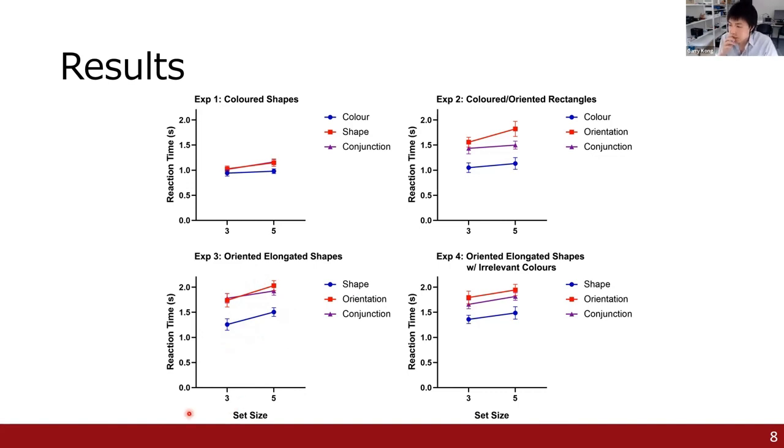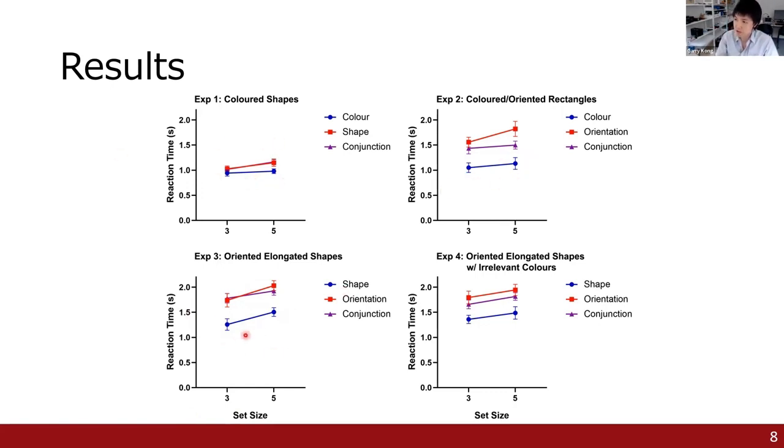So at this point, I had no idea what's going on. The only way to explain this is that when people attend to things in memory, they are basing their attention on a single feature. So in experiment 1, they were basing it on color. Experiment 2, they were basing it on color as well.